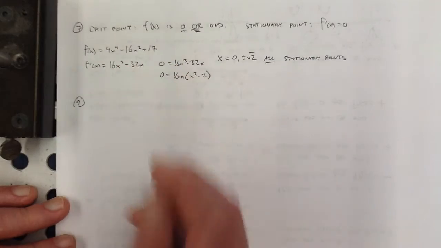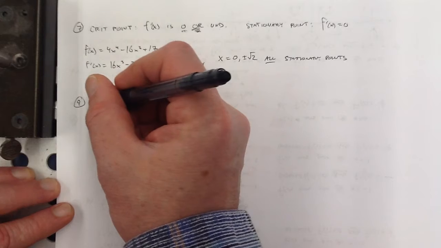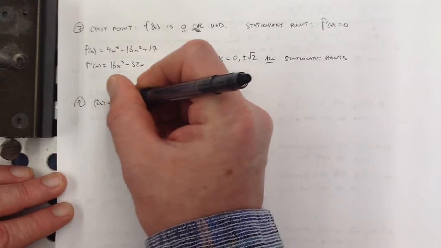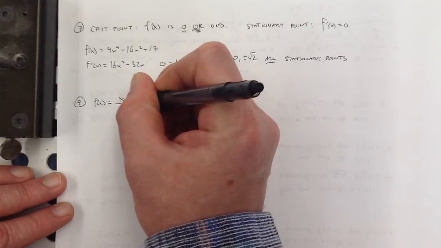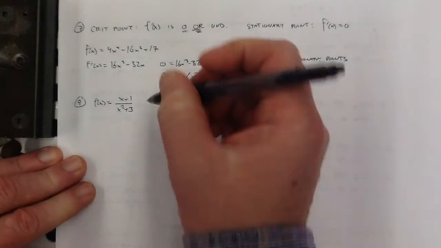All right. Number 9, I've got f of x is equal to x plus 1 over x squared plus 3.